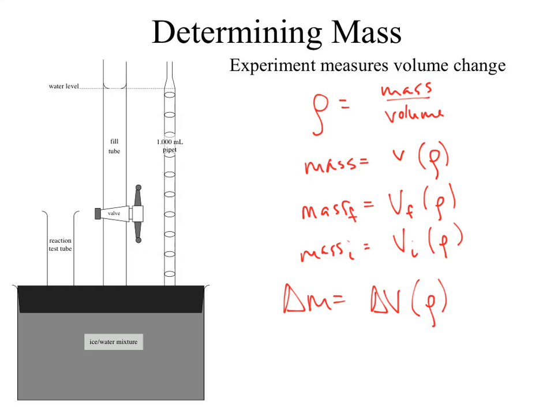What's the problem? What things are changing volume? What was in our experiment here? Ice and water. What happens to the volume of ice in the course of the experiment? It decreases because it's melting. What happens to the volume of water? Increases. Uh-oh.